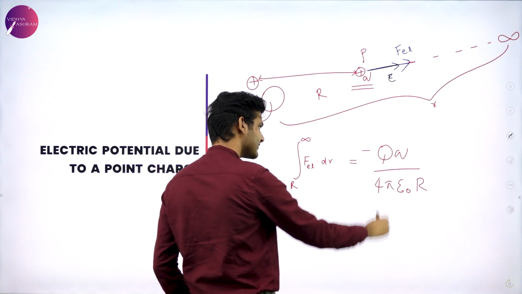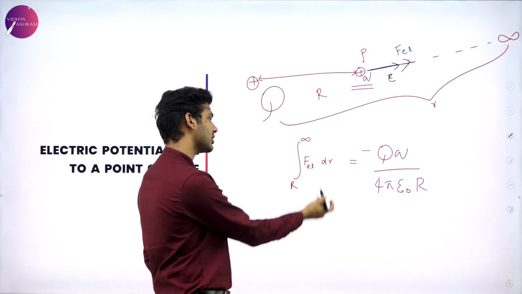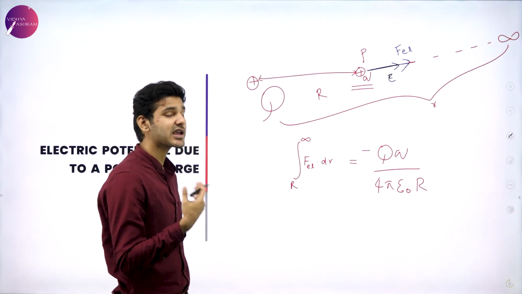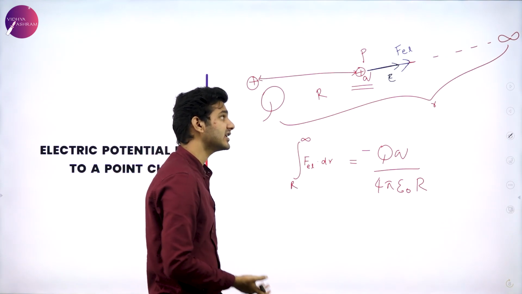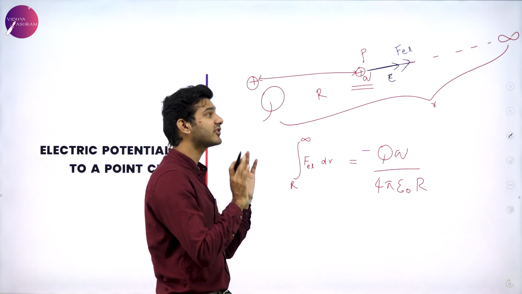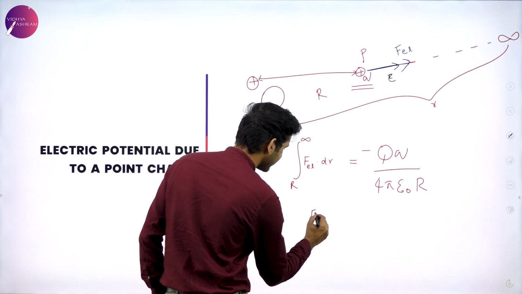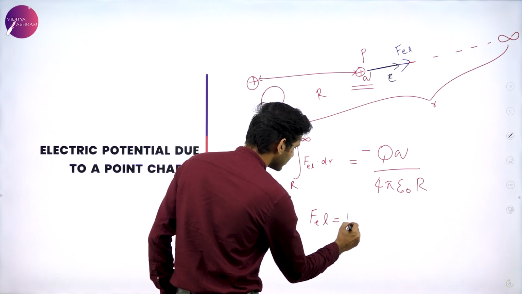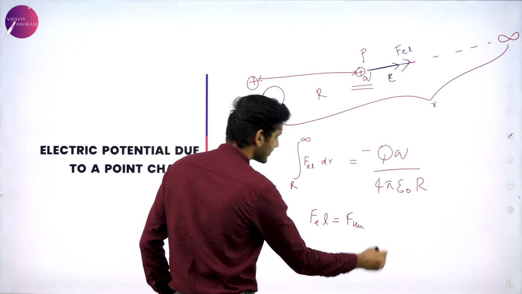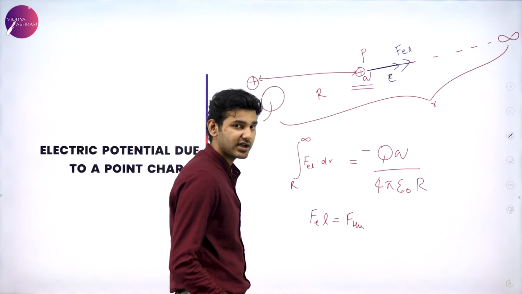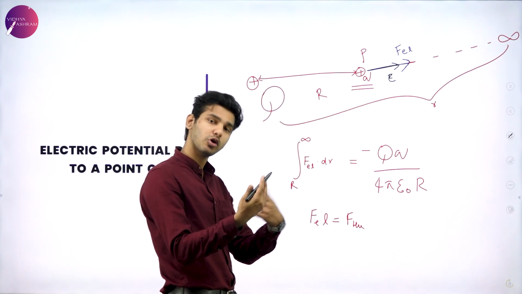And if you get a negative sign, don't worry about it. That is because the electric force is in the opposite direction. But in actuality, the electric force is equal in magnitude to the force we are applying. So we can simply write F electric is equal to F applied, which is the force I apply. So we can neglect this negative sign because they are equal in magnitude but opposite in direction.